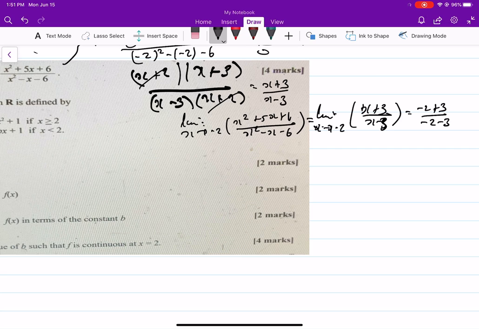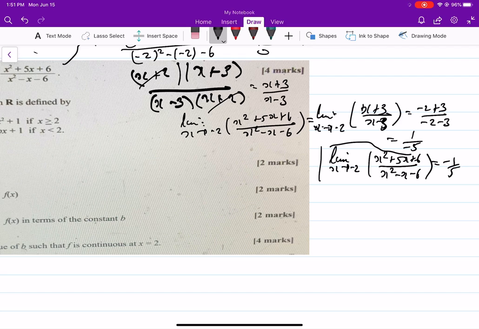On top I'll have 1, on the bottom I'll have minus 5. So finally, the limit as x is approaching minus 2 of x squared plus 5x plus 6 all upon x squared minus x minus 6 is negative 1/5. Yay. You should be able to do that though, with no problems.